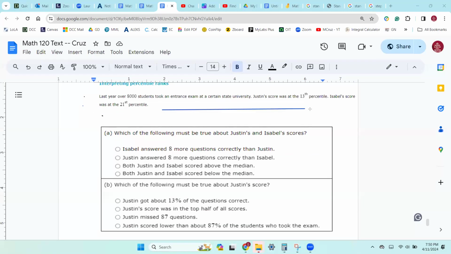Now, I'm going to draw out something that's very rudimentary that kind of represents 0 to 100. All right. So that being said, about right here, I'll put in the quartiles just for perspective.